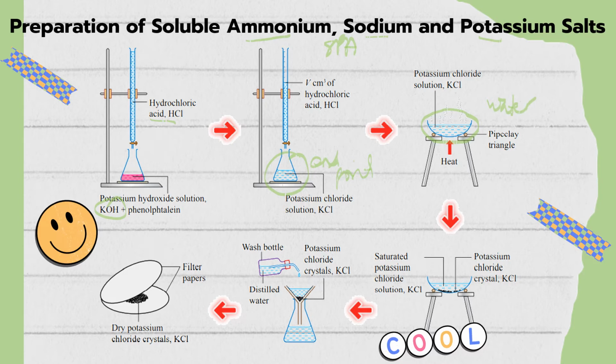The reaction between, let's say, hydrochloric acid and potassium hydroxide will produce potassium chloride and water. This salt is soluble in water, so inside is a salt solution, meaning we have potassium chloride and water. So how do we separate the water and the salt? You heat the solution until saturated, which means about one third of the initial volume.